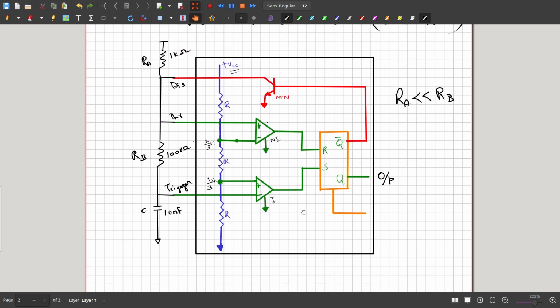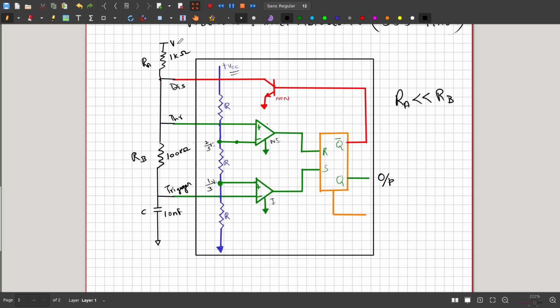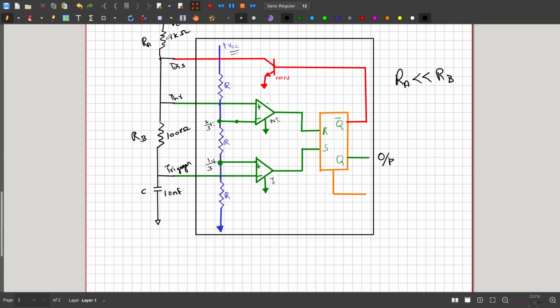When we switch on, here we have to put VCC. We can tie these two pins together. Before switching on, this inverting input is below this reference voltage, therefore it is logic high, because this is an inverting input. If something is below this pin, it will go to the highest saturation voltage.